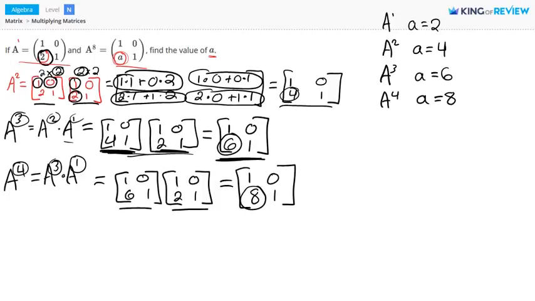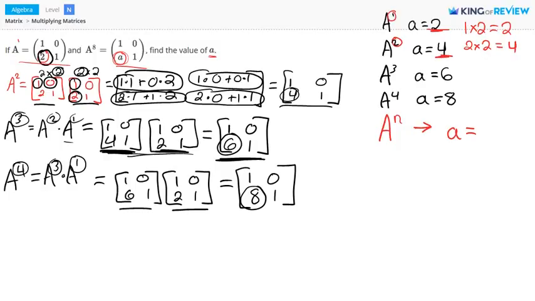So let's look at our list here. Do we see any kind of pattern going on? Well, it seems like if we set up A to the power of n, how do we figure out what a will be? Well, if we take this first power and multiply it by 2, so 1 times 2, we get 2, which is the a value. Let's see if it works for the second one. If we have 2 times 2, we get 4.